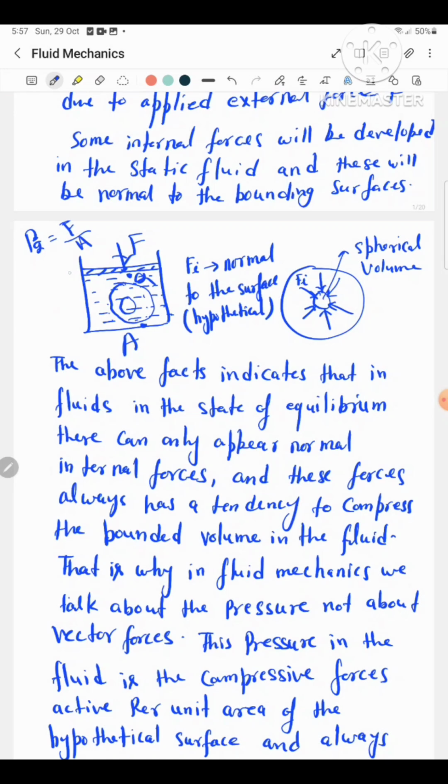And suppose there is a height h, then we can calculate the pressure on the point P. We will discuss this situation below.